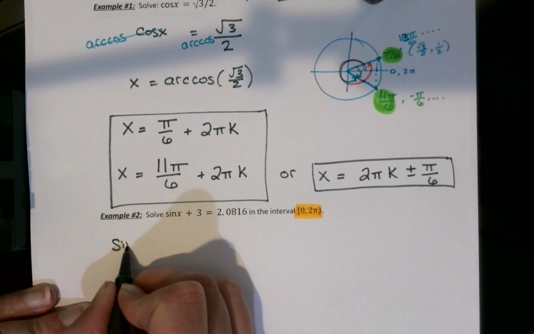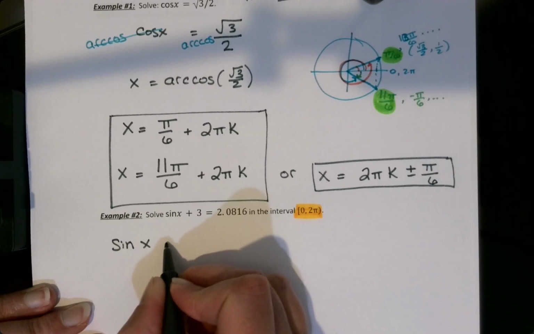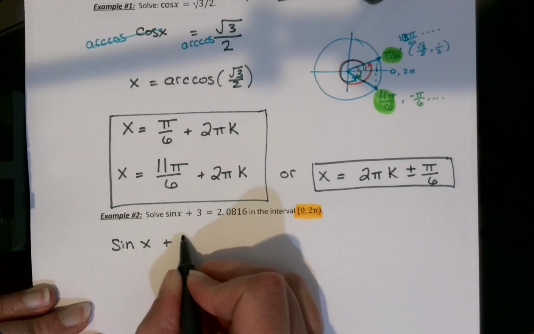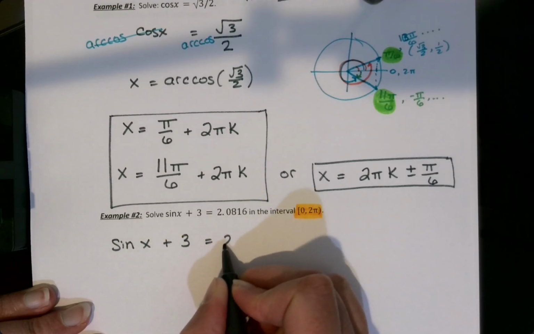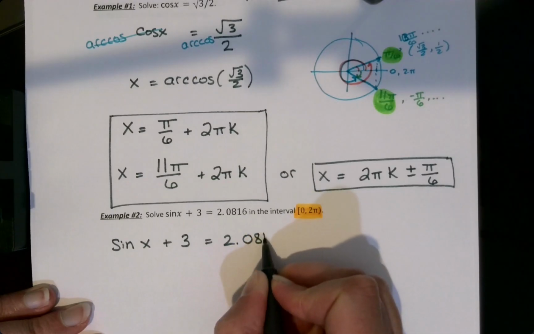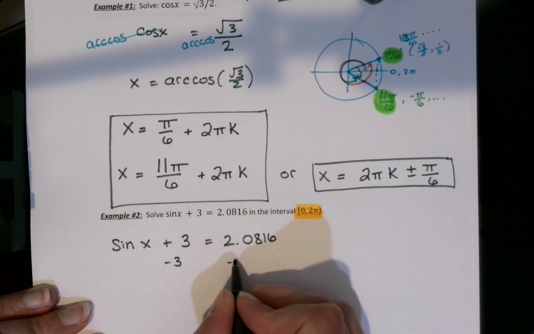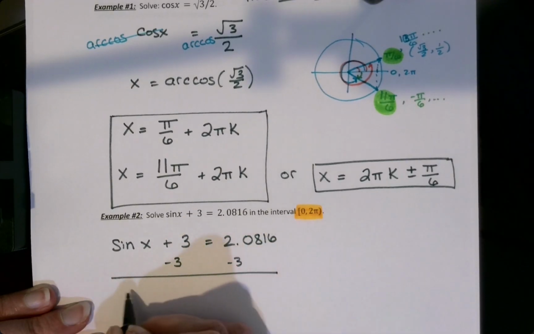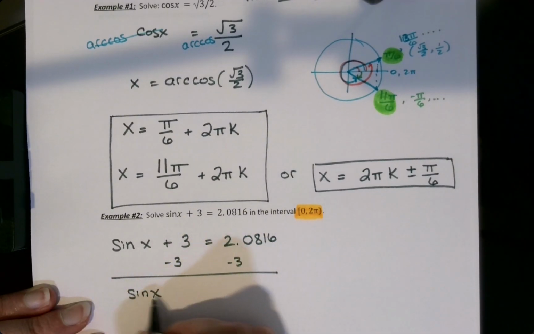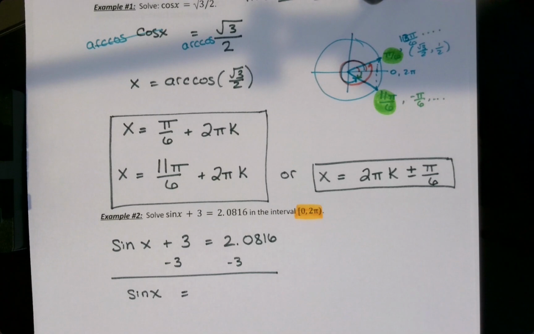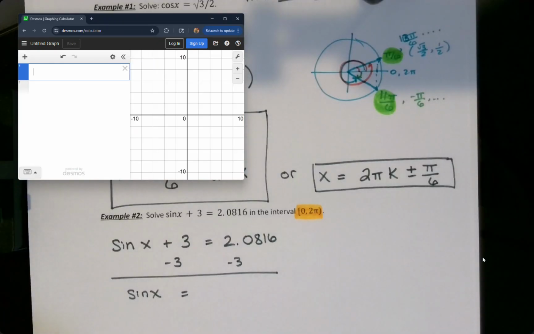Here, we need to solve sine of x plus 3 equals 2.0816. So we'll need to get our sine of x by itself. So let's start by subtracting 3 from both sides. We're going to end up with sine of x equals, we're going to take 2.0816 minus 3.